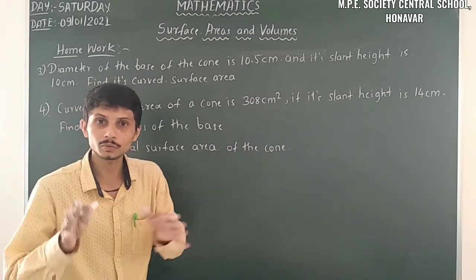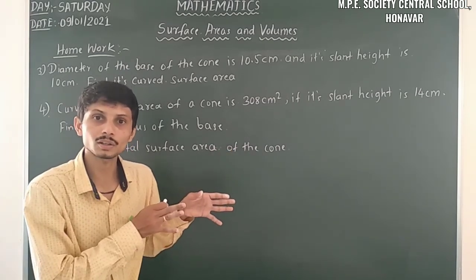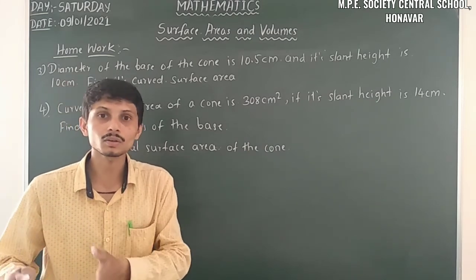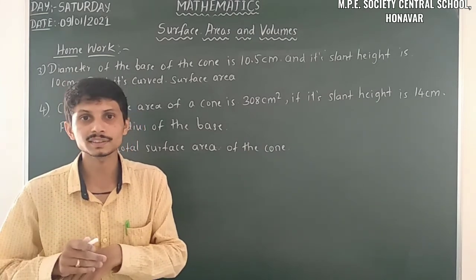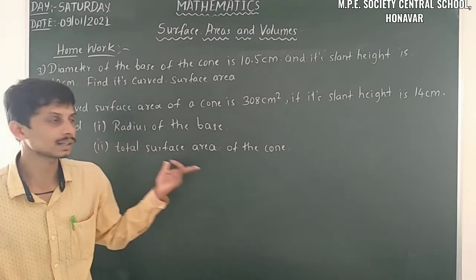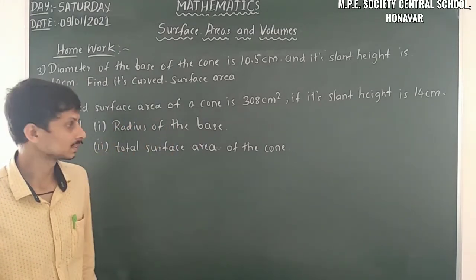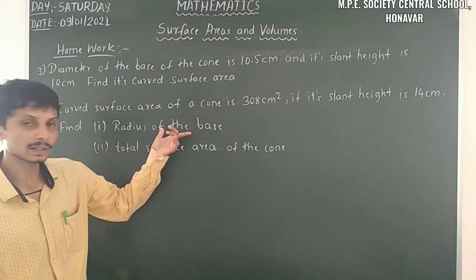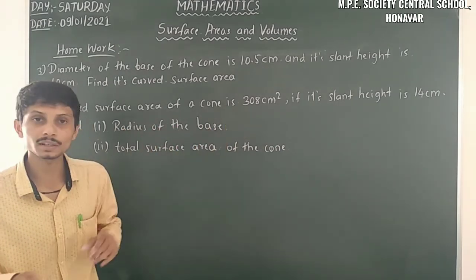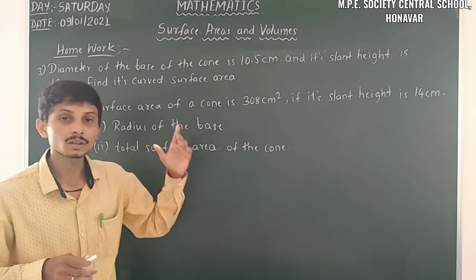We transpose all the known things to the LHS side and keep the unknown quantity on the RHS side. Then we solve the LHS side and get the value of the radius of the base. Once we have the radius of the base, using it and the slant height, we can find out the total surface area of the cone.